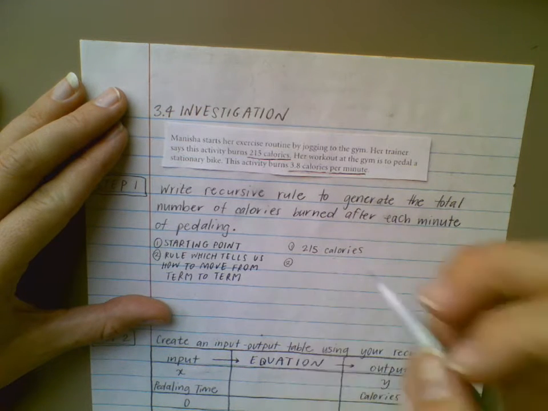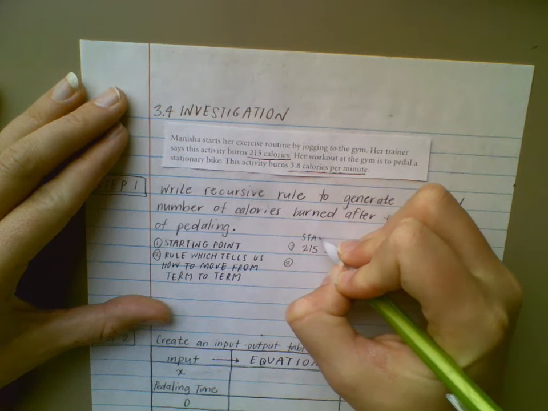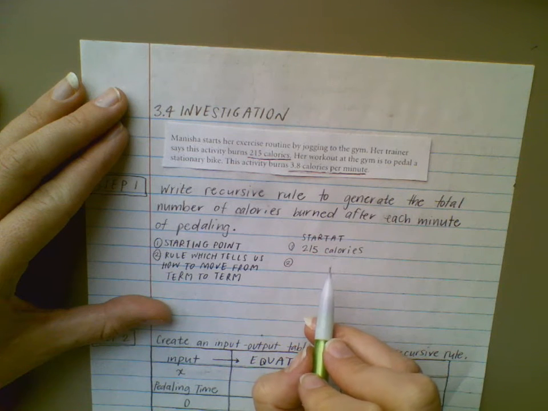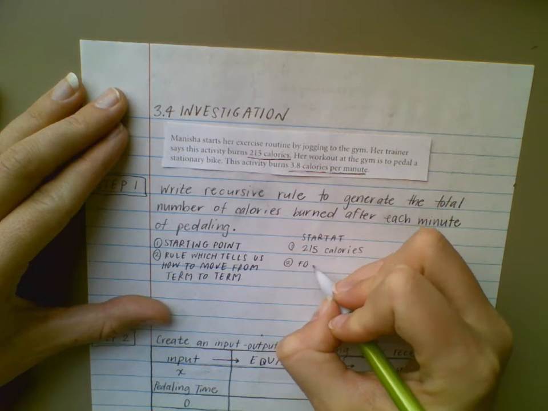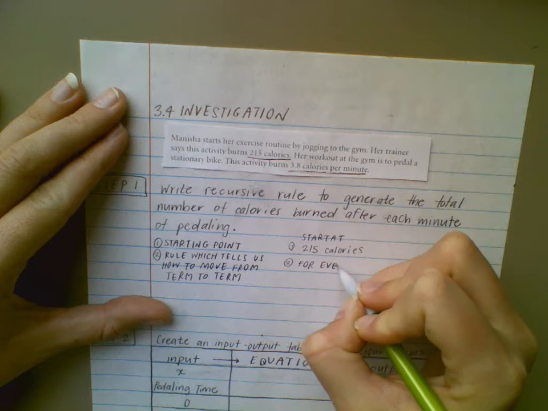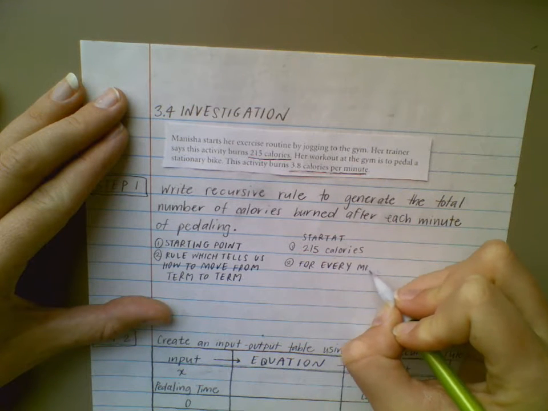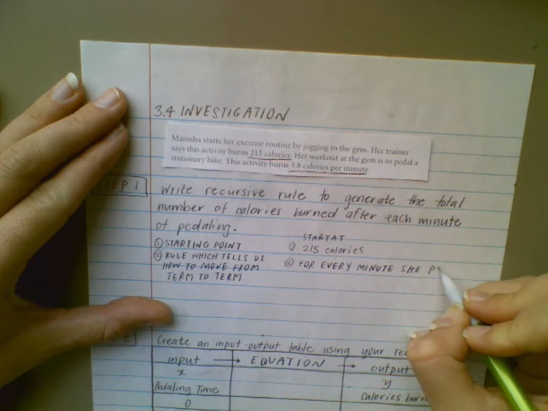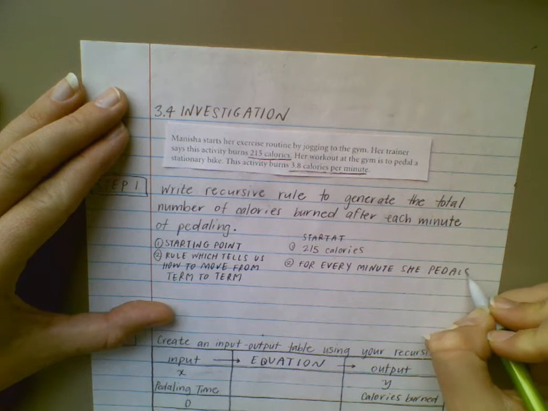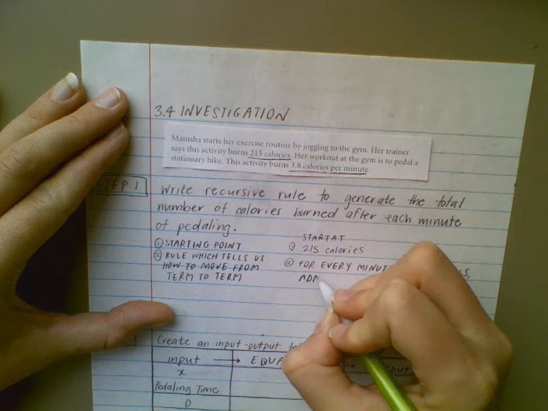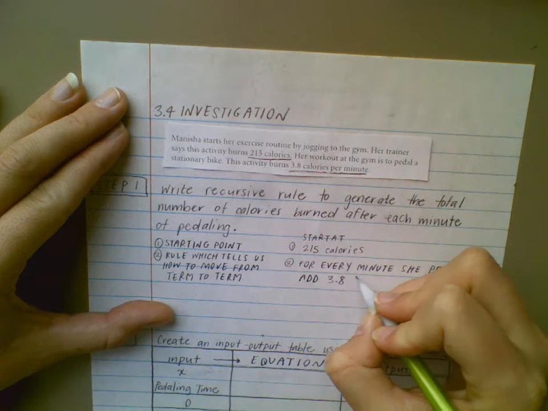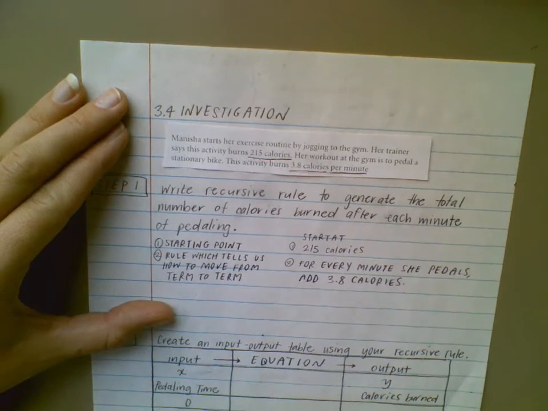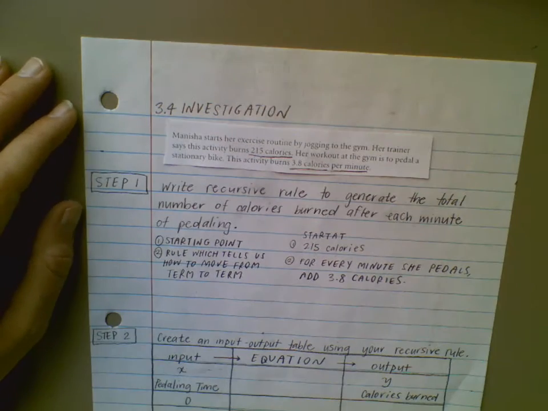So I start at 215 calories, and then for every minute she pedals, add 3.8 calories. And there's our recursive rule.